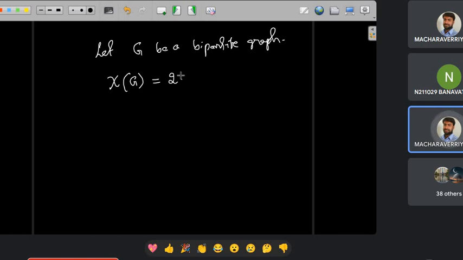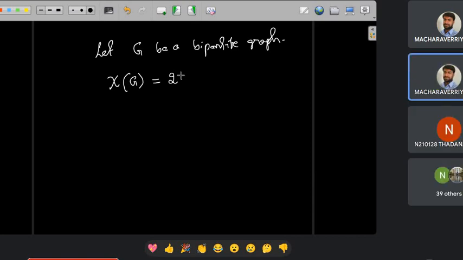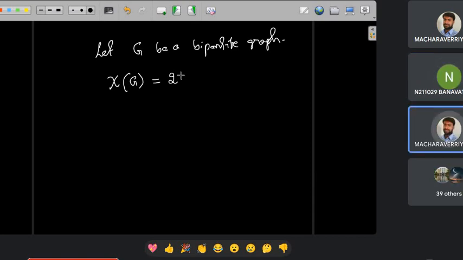If you can assign one of 2 different colors to each vertex so that no 2 adjacent vertices have the same color, then we can say that G is bipartite. If G is bipartite, then it has to satisfy this condition, and if it satisfies this condition, then G is bipartite. So the chromatic number of a bipartite graph is 2.